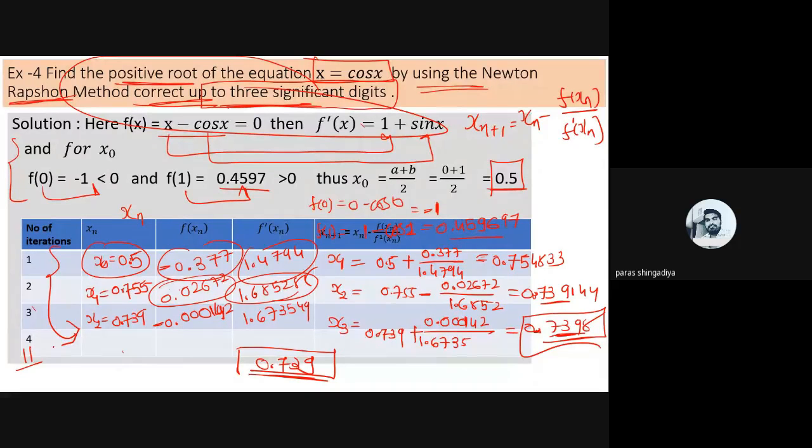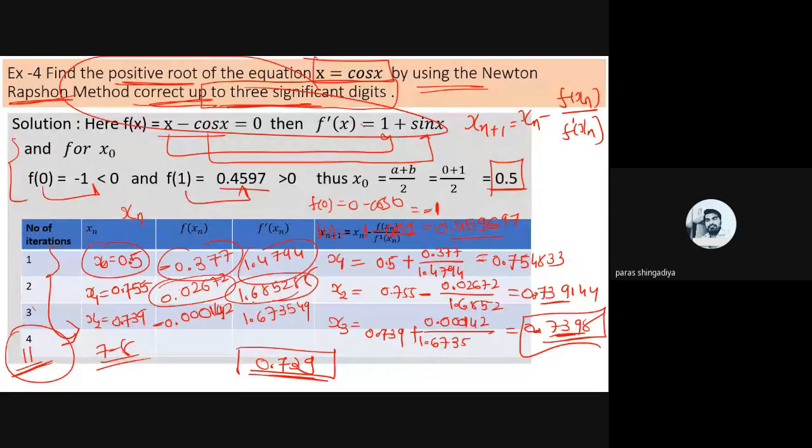In the bisection method, 11 iterations were required. If you solve this same example, x equal to cos x, by the Regula-Falsi method, I think it will take 7 to 8 iterations to predict the same answer. But in this Newton-Raphson method, we can get the answer up to 3 decimal places within 3 iterations.